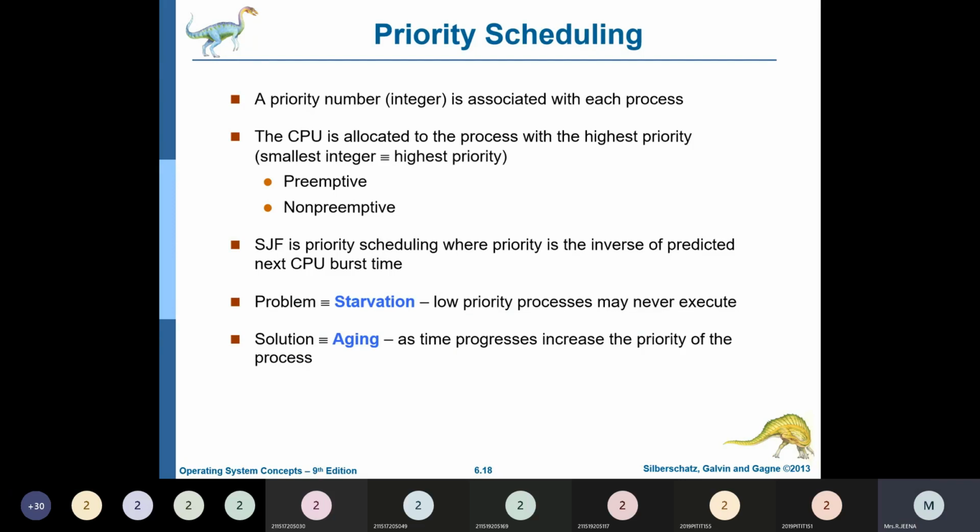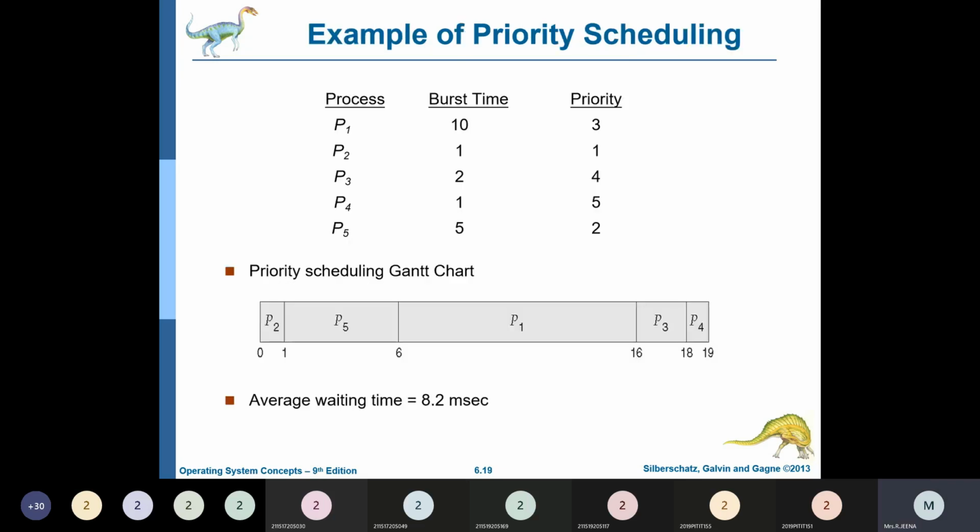The same way here, according to the burst time, the higher the burst time, the lower the priority given. The lower the burst time, the higher the priority given. In such a way, this priority scheduling is designed.